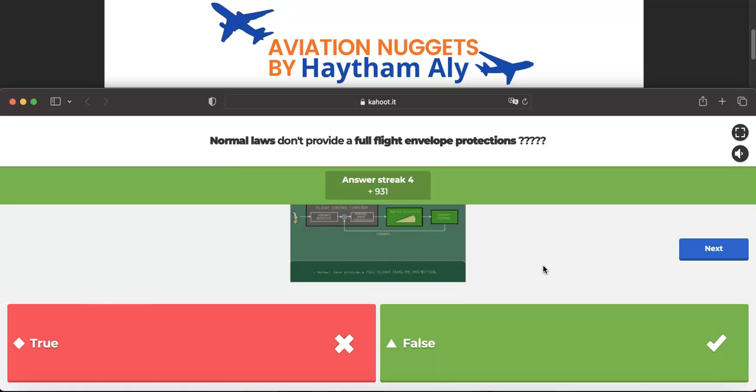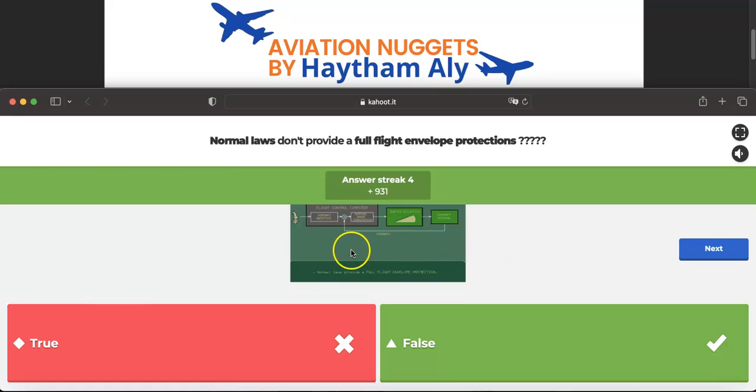In alternate law, protections are available but reduced. In direct law, we still have fly-by-wire, an electrical flight control system, but the computers will not provide any protections.